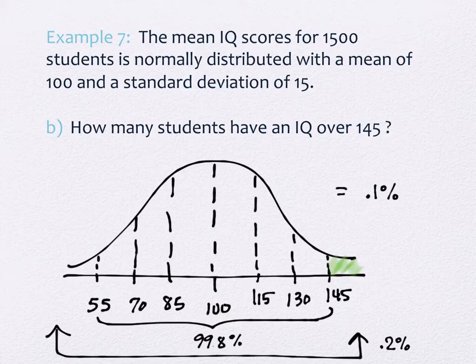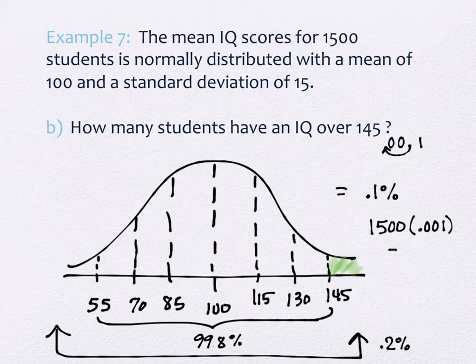How do I find the number of students that that corresponds to? With 1,500, what's the value I'm going to be multiplying by? 0.001. If you're struggling because it is a weird number, remember you're moving the decimal 2 to the left. So in order to move it 2 to the left, I need 2 zeros to move it past.